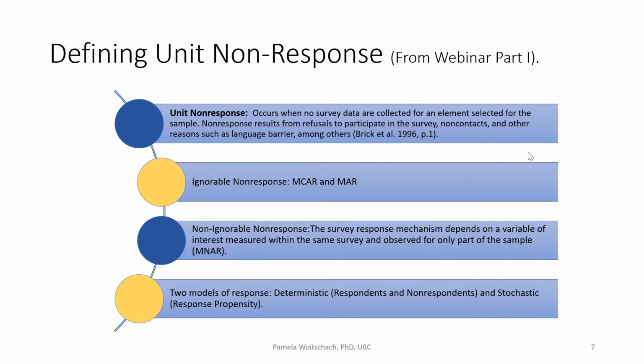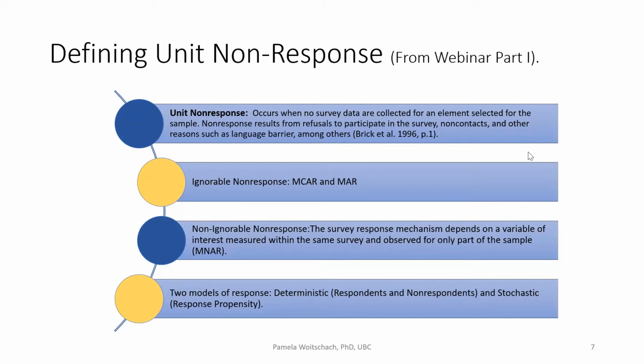We know that unit non-response occurs when no survey data are collected for an element selected for the sample. The pattern of missing data we have studied so far were MCAR, MAR, and MNAR.